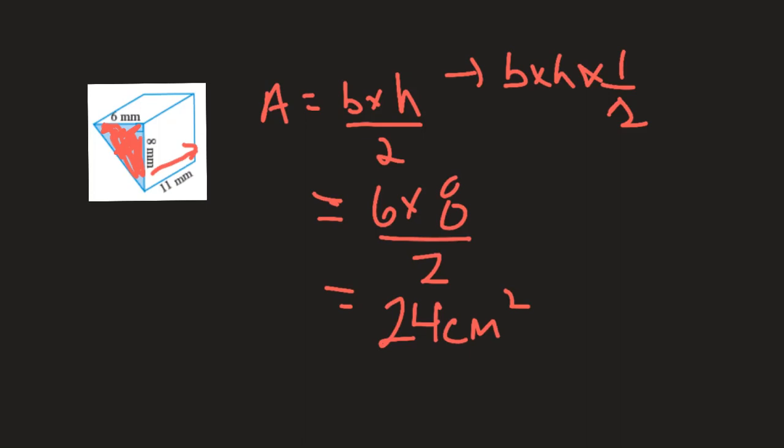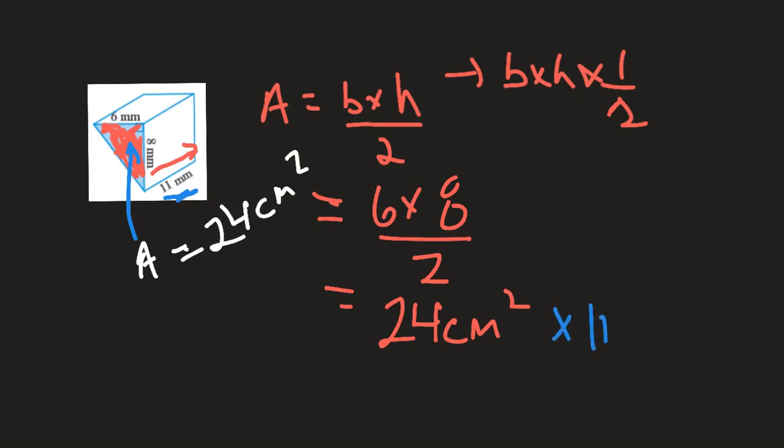Just like in the past example, I'll write in that information: the area of just the triangular face, just that shape right in here, is 24 centimeters squared. The next thing we're going to do is use the height down here, and we're going to go times 11.